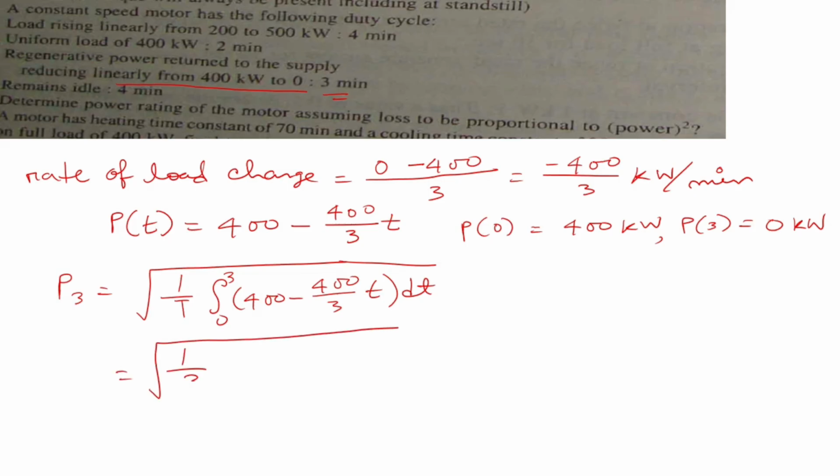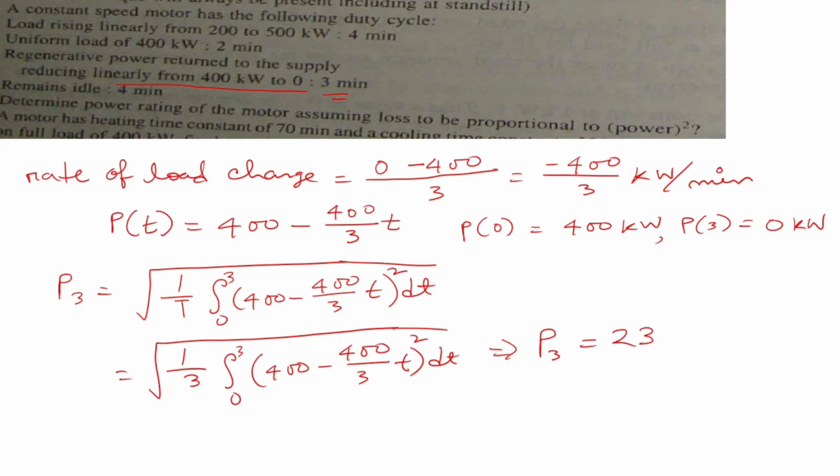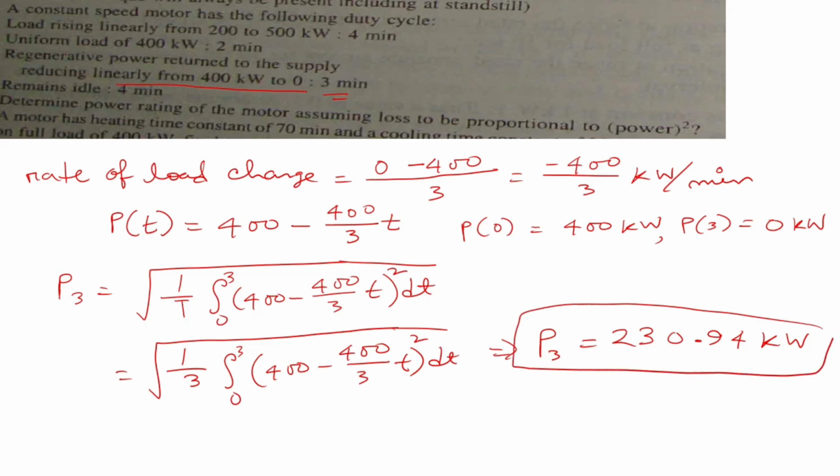This is 1 by 3. If you solve this value, then P3 comes out to be 230.94 kilowatt. Okay, now we have found P1, P2 and P3.